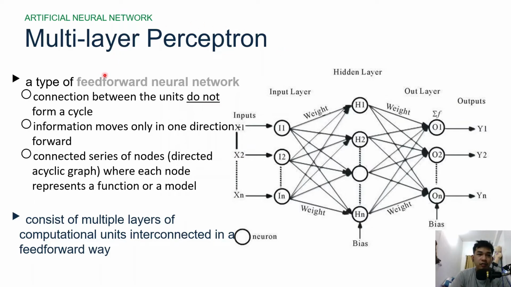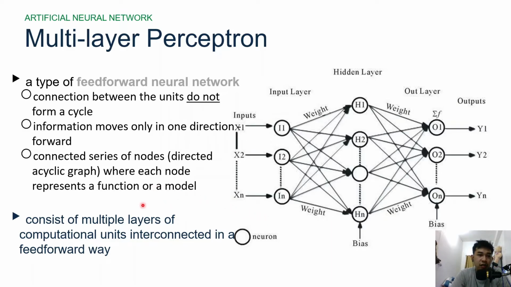Okay, so itong multi-layer perceptron is a type of feed-forward neural network. So, ano yung characteristics nito? The connections between the units do not form a cycle. So, information moves only in one direction, forward, and then a connected series of nodes, a directed acyclic graph, where each node represents a function or a model.